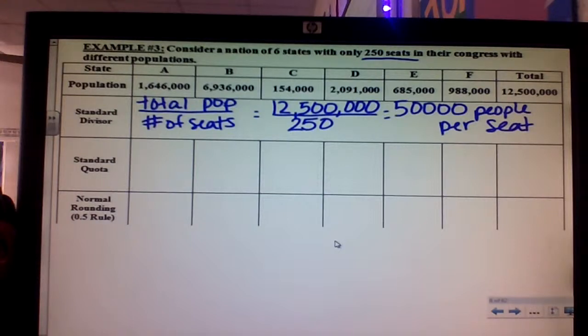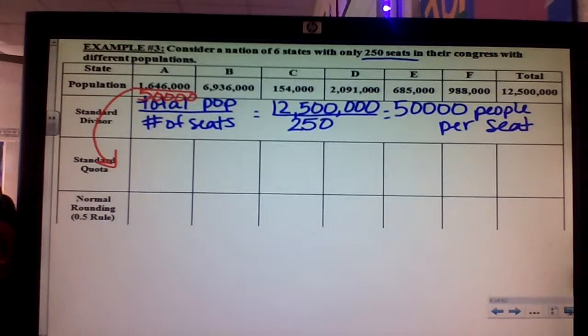Okay. So now I use this to determine how many people I have in Congress. To do that and get my standard quota, I have to take each state population and divide it by my standard divisor. So 1,646,000 divided by 50,000.